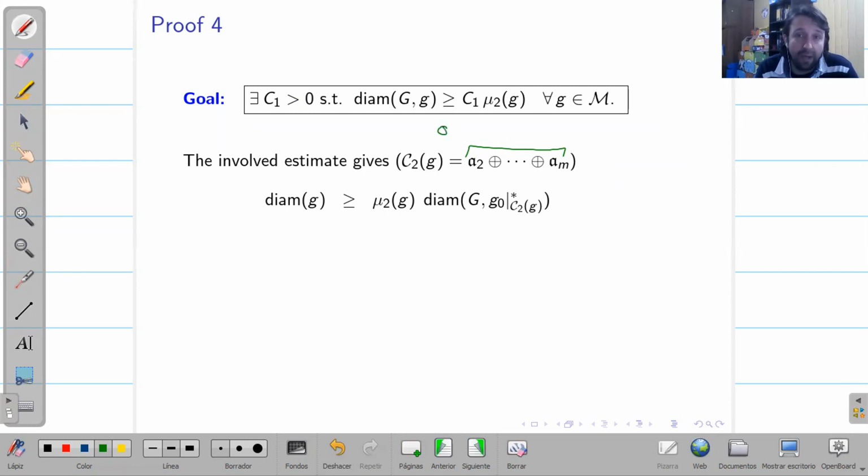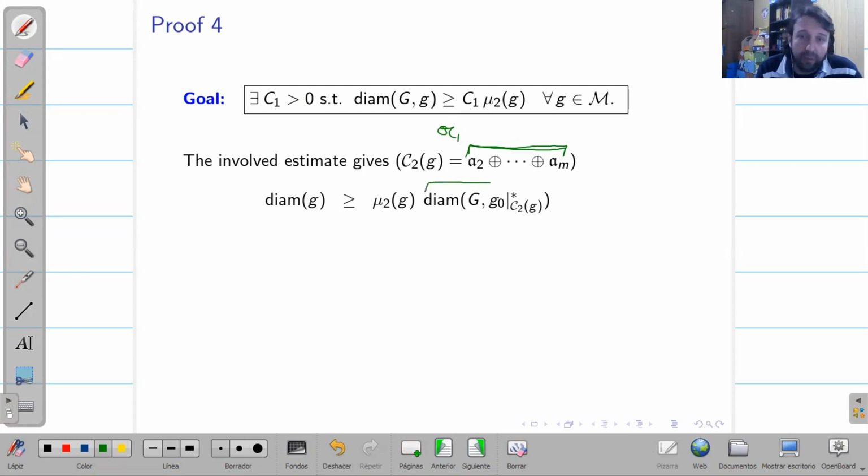But on A1, which is the complement, this is 0. So if you have a continuous path with velocity vector in A1, you go for free. Or it has a component in A1. What is really important is the component here, because this has norm 0, so it doesn't add anything to the norm. Okay?